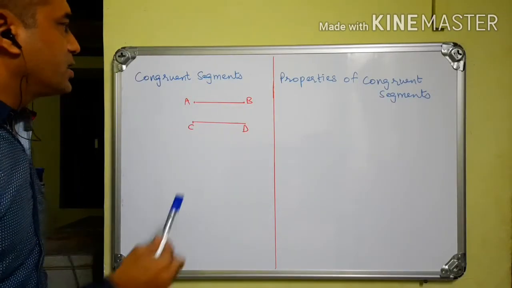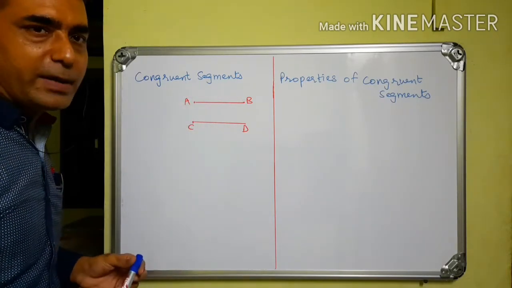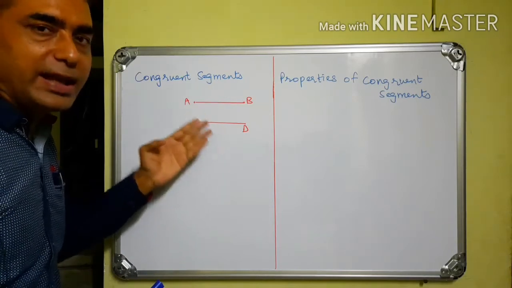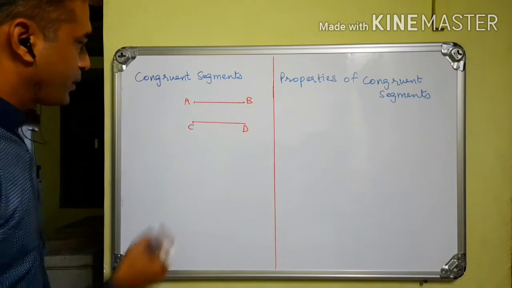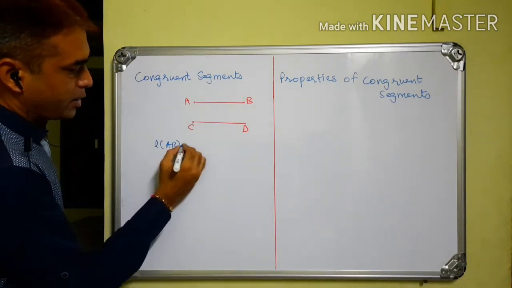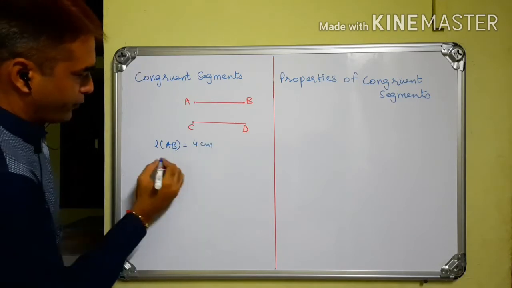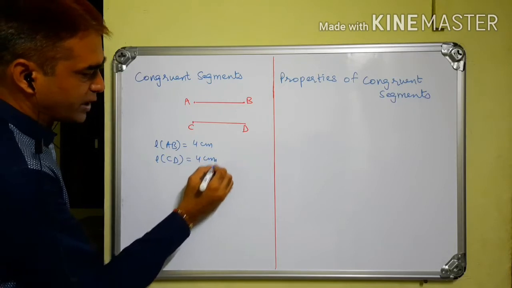Now the next concept is congruent segments. Two segments whose lengths are equal are called congruent segments. Here suppose length AB equals 4 centimeter and length CD is also 4 centimeter.